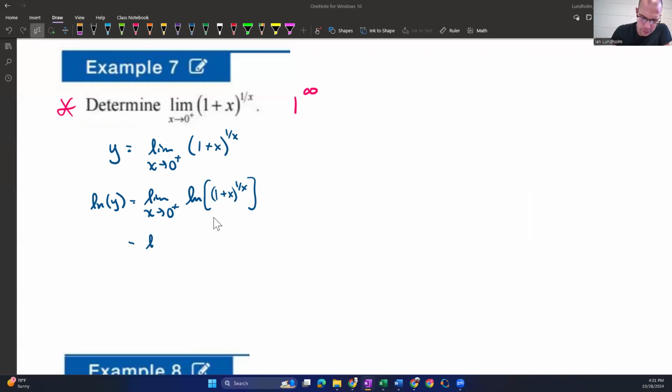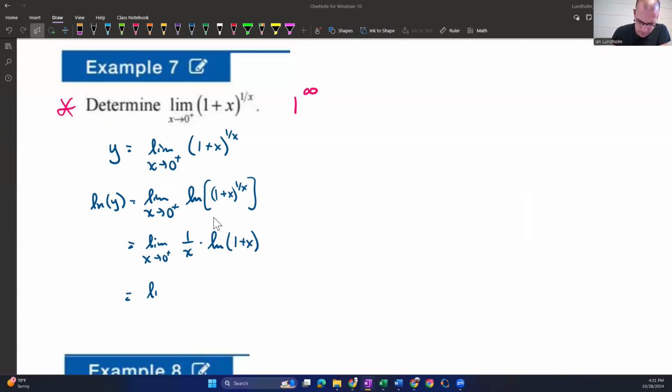So, limit as x goes to 0 from the right. When we've got an exponent inside the natural log, we're allowed to bring that out front. Okay, so that's a property of a natural log.